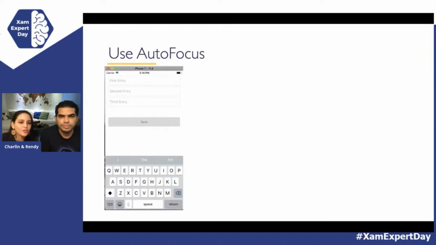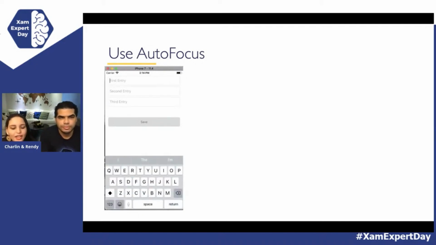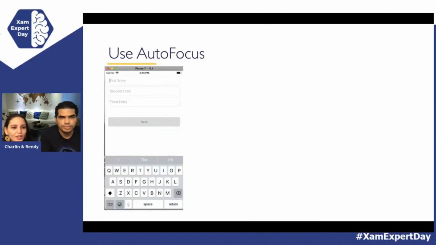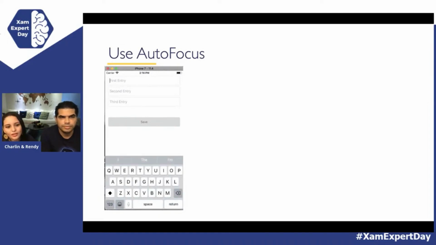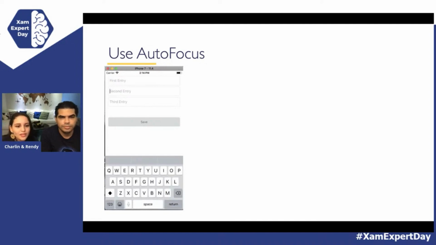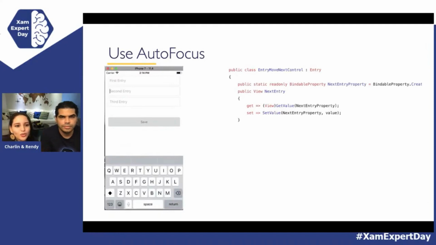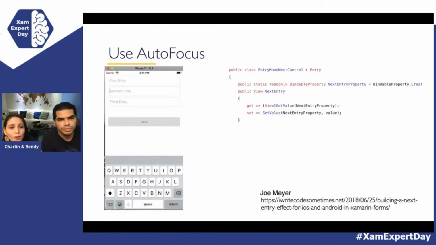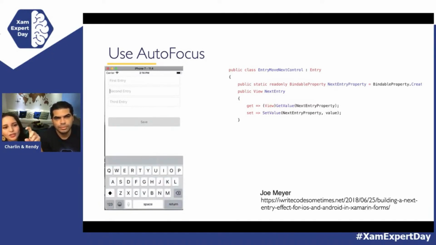Also, autofocus. Autofocus is important because when you are filling a form and you want to go to the next field, it's kind of hard to tap it. So it's better to provide an easier way for the user to achieve that. With autofocus, you can start by focusing on the first entry, but also you can go to the next field while filling it, and it's as simple as selecting what's going to be the next entry.